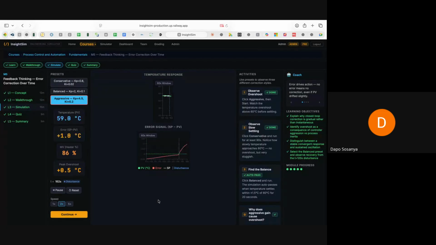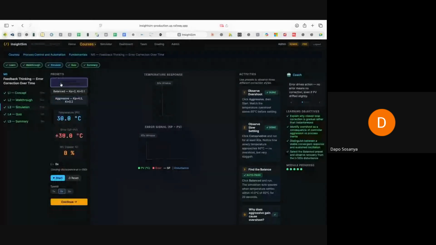We'll repeat it a few times so you can see the error was introduced here. So you can see the variation, right? The maximum overshoot here is plus 0.5 degrees, right? Which is acceptable. And then you have your conservative.